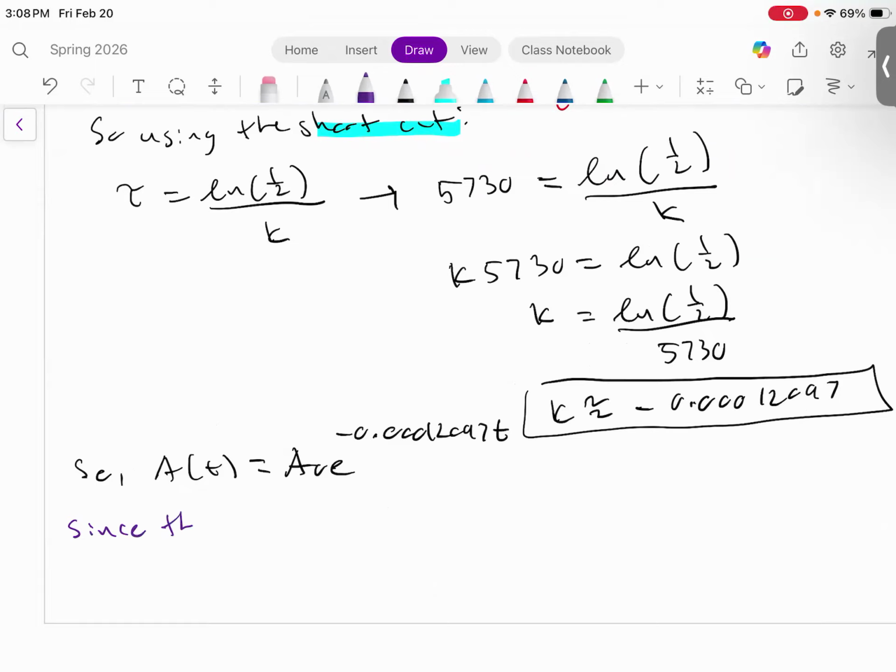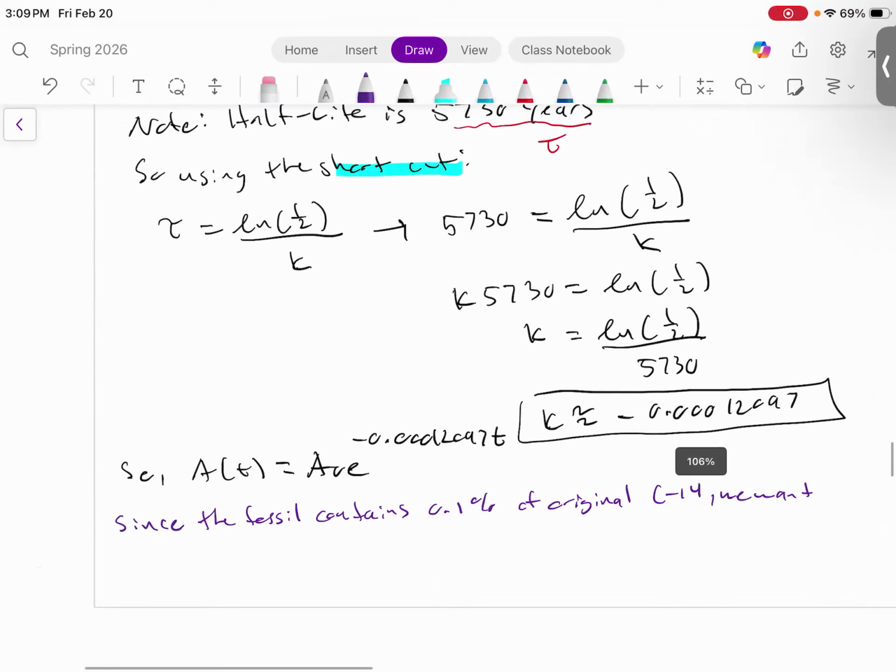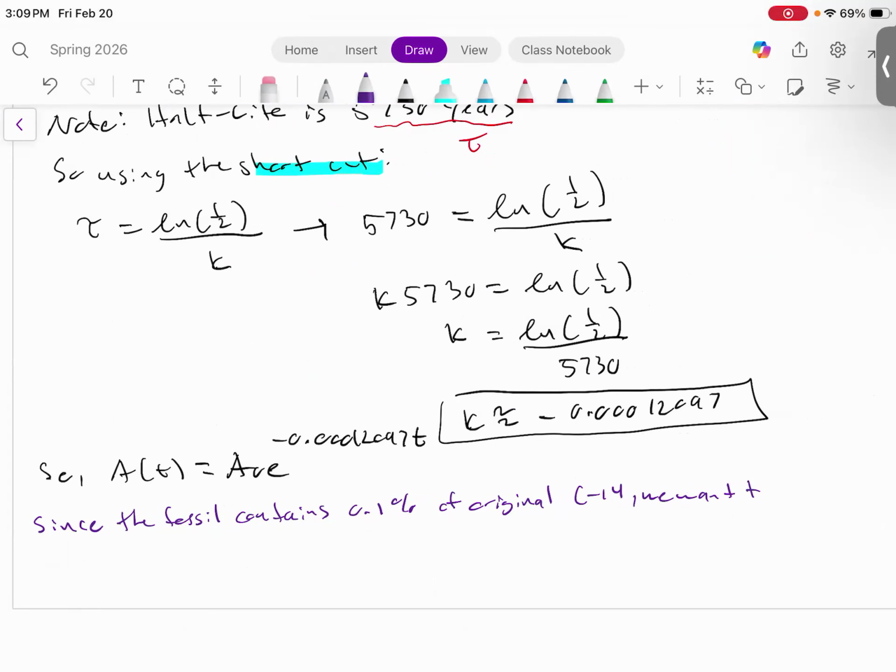Since the fossil contains 0.1% of the original carbon 14, we want to find the time t at 0.001 A naught.